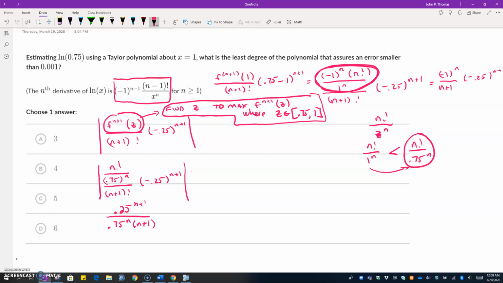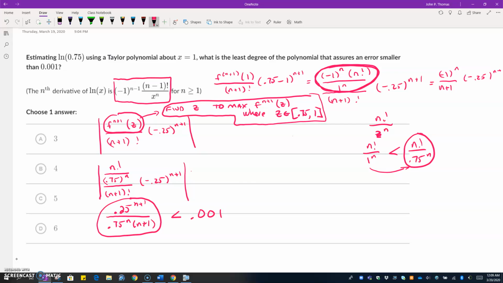And that's going to take everything. Now, that's going to be a positive term, so I can leave the absolute value off if I want, and it's really not going to impact anything. All right, but this is the structure for our Lagrange error bound, right? And we need that to be less than 0.001.